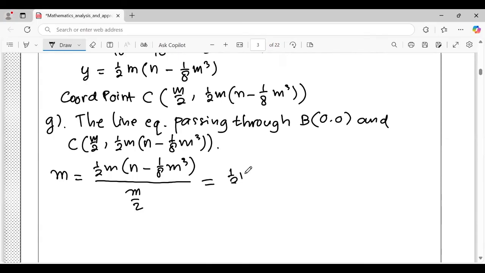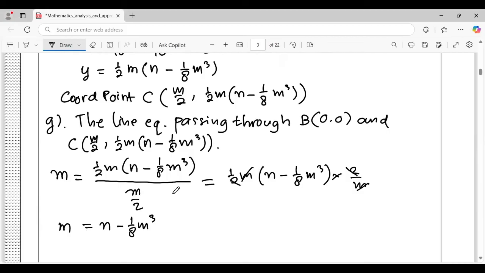So half m times n minus 1 over 8 m cubed times 2 over m equals n minus 1 over 8 m cubed. This is the gradient, for the straight line through C.